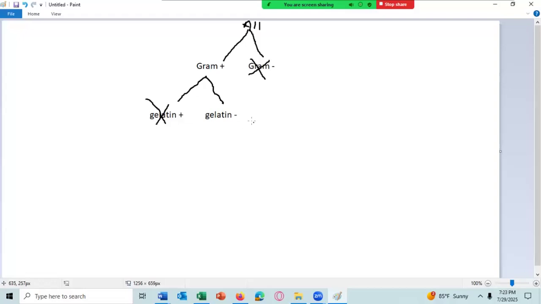And then you can do the lactose test. This one actually splits into three, by the way, and that's okay.